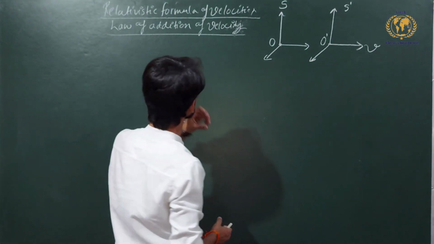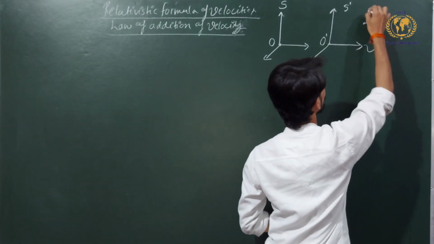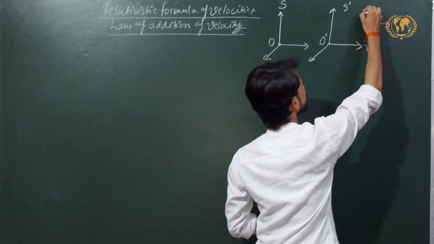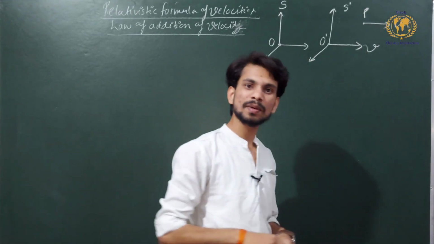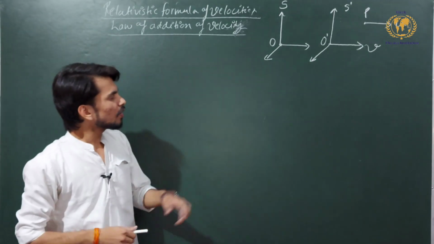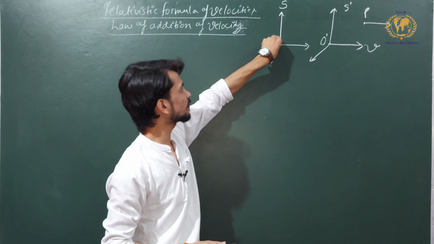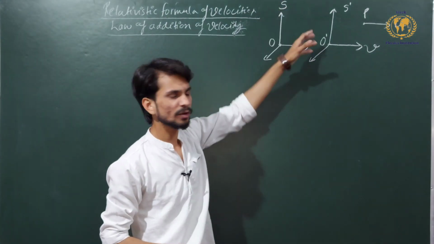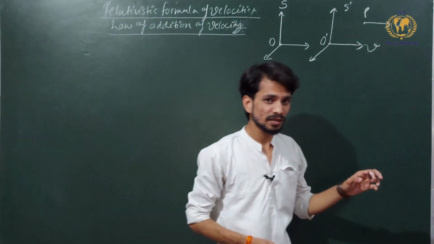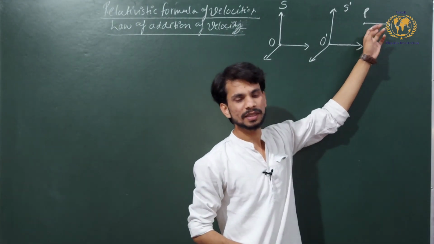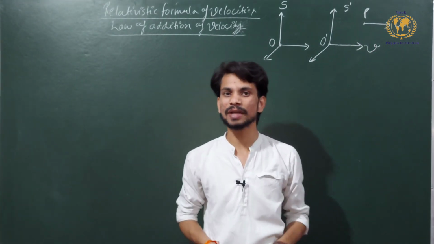To understand the law of addition of velocity, let us assume there is a particle P which is moving with a certain velocity u. This is the velocity of the particle P. Now let's say this velocity u is first measured by frame of reference S by an observer O. Suppose this particle P covers a small distance dx in a small interval of time dt.